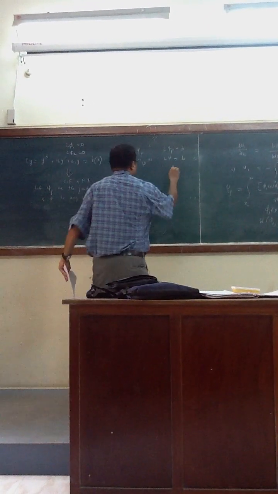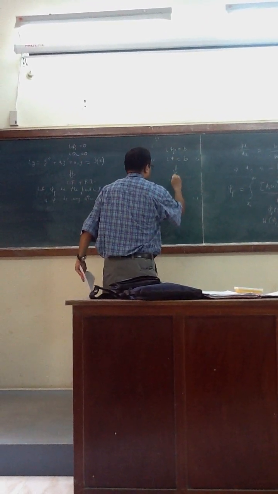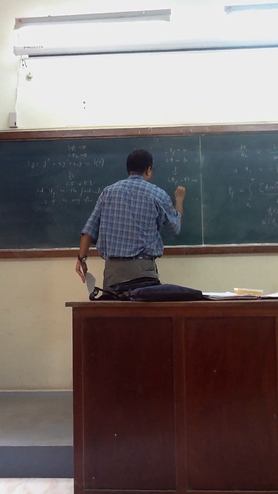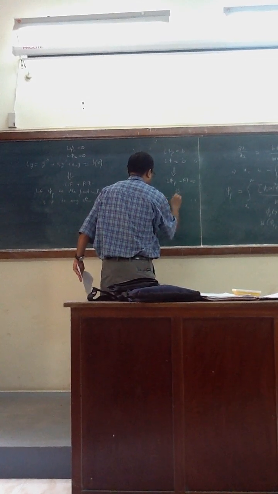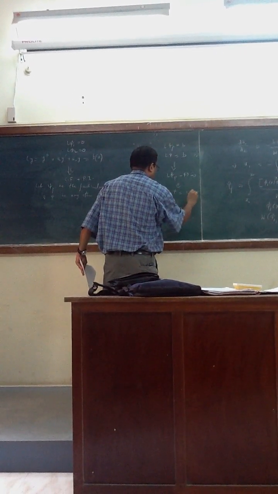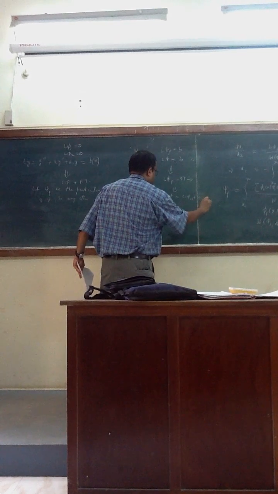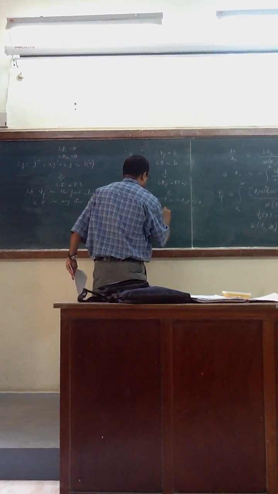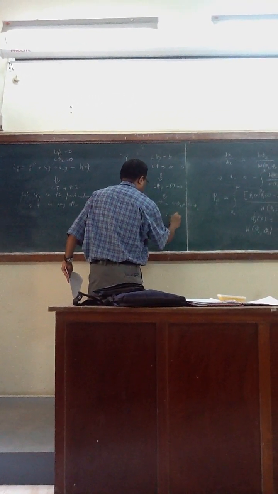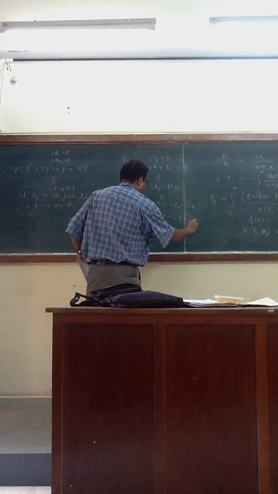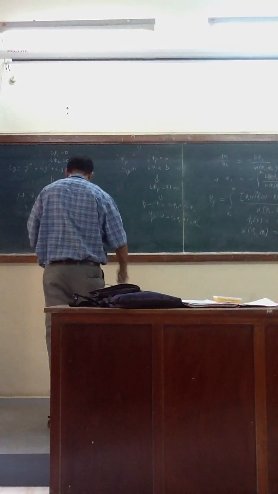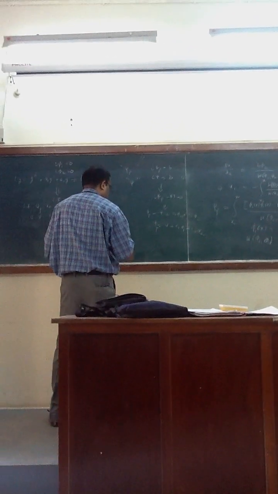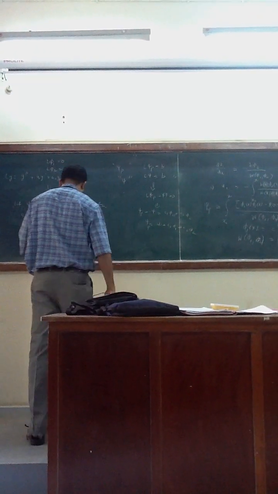From here we know that psi p minus psi equals 0, and that gives psi equals c1 phi1 plus c2 phi2, and psi equals psi p plus c1 phi1 plus c2 phi2. Okay, so what is your psi then?